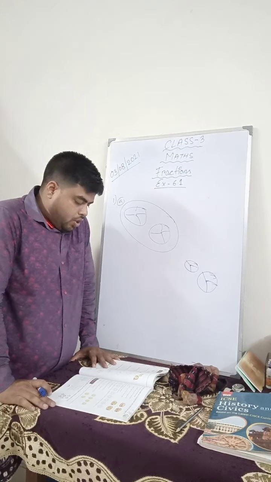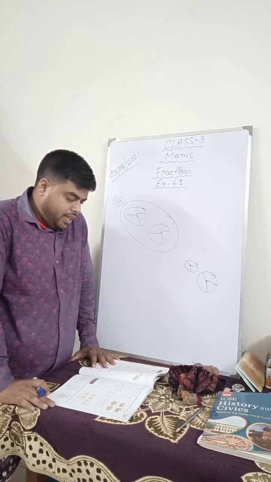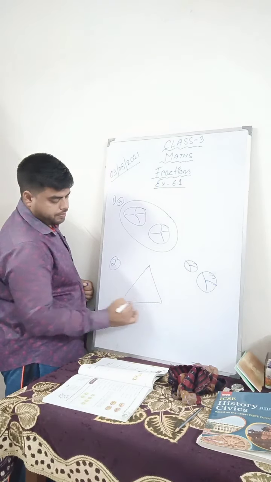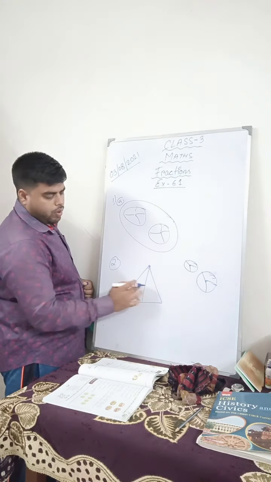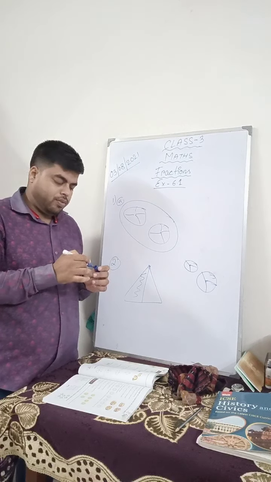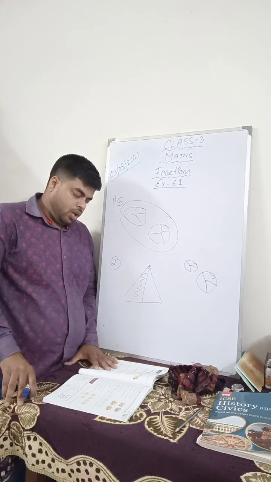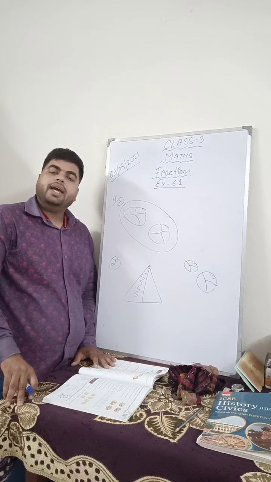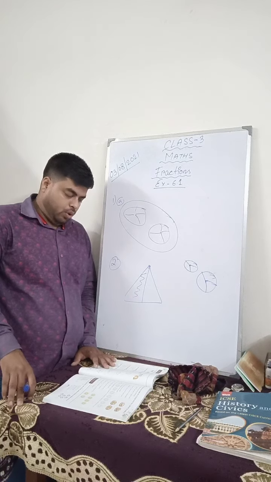Okay. Question number 2. One half of each figure is red. So you have to color one half. That means, suppose this is the total part, any one part you have to color with red. Any one. So one part, half, you have to color with red. Question number 3, 1/3. That means out of the 3 parts, any one you have to color in blue.